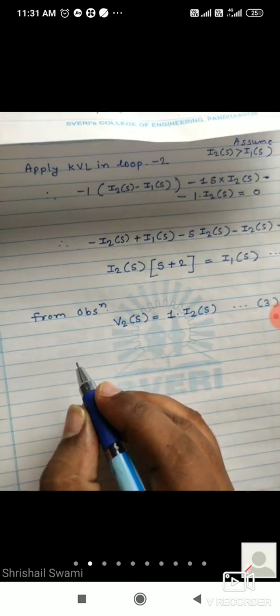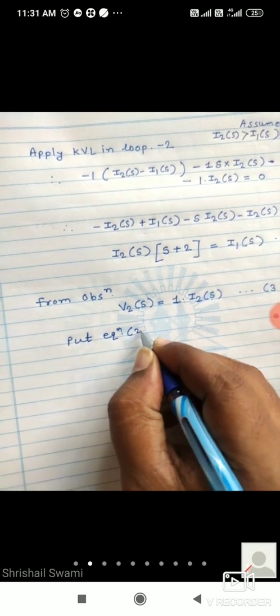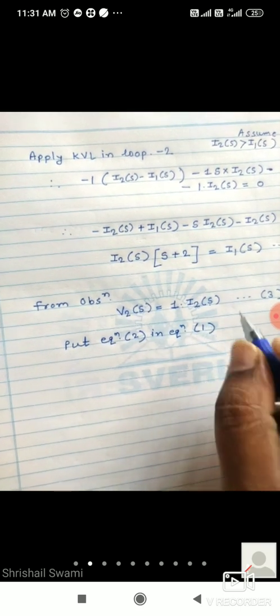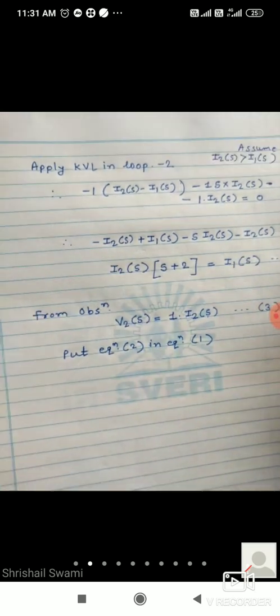Put equation number 2 in equation 1. I1 of s रिप्लेस करायचं इन टर्म्स ऑफ I2 of s.